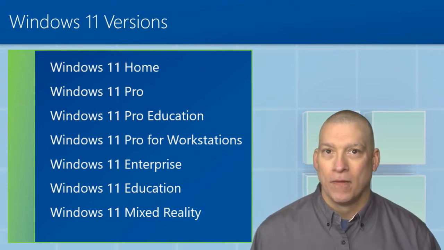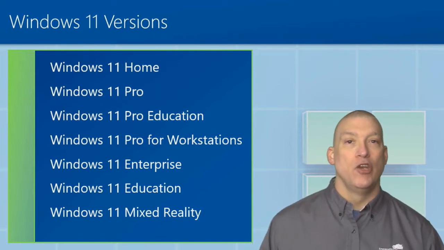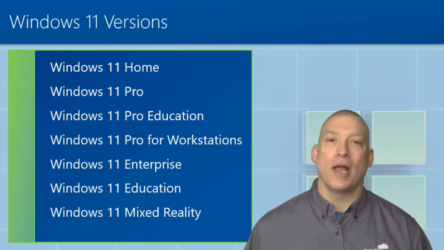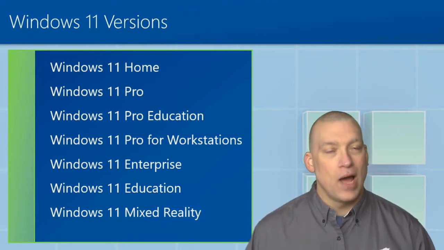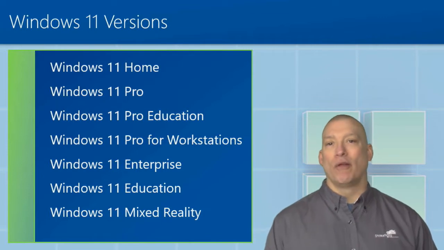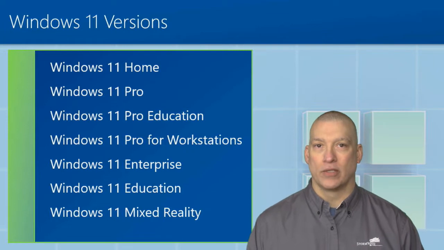That was going to be it. All they were going to do is put out upgrades and new versions, but Windows 10 would be the last one that we would have to worry about. Well, obviously last year all of that changed when Microsoft announced that they were going to be releasing Windows 11.